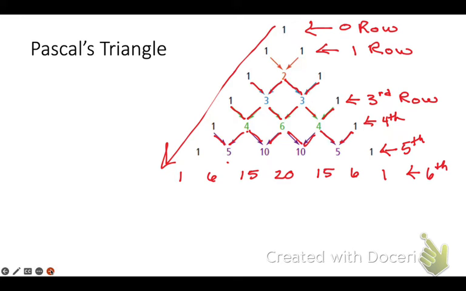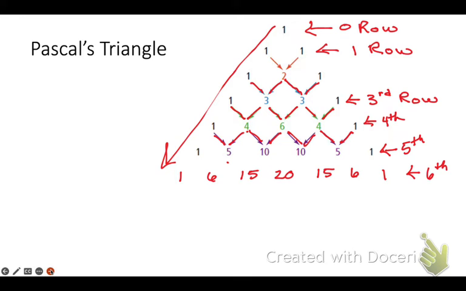Okay, so what are some characteristics about each row? Like 15, 15. Okay, so it's symmetrical. Brandon? They all start with 1 and end with 1.